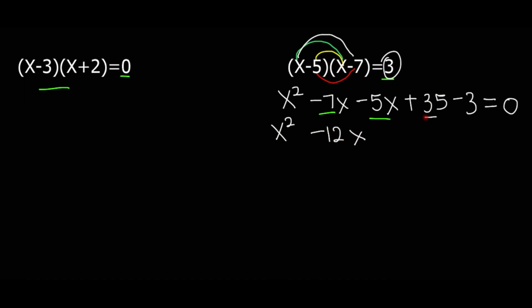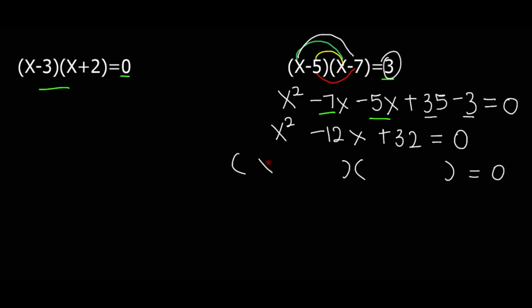And then 35 minus 3 is 32. And now we can see that we have a trinomial in the form of ax squared plus bx plus c. This means from this step we factorize.